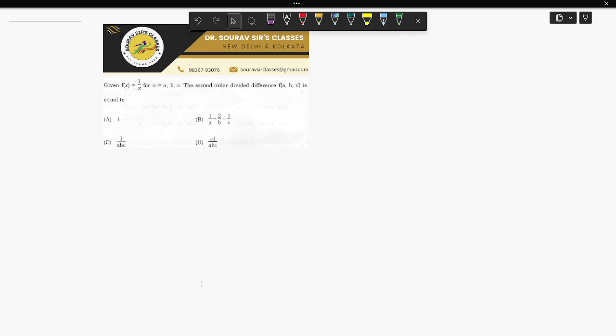So now, the second order divided difference of a function f(x) at the points a, b, c is given by this.